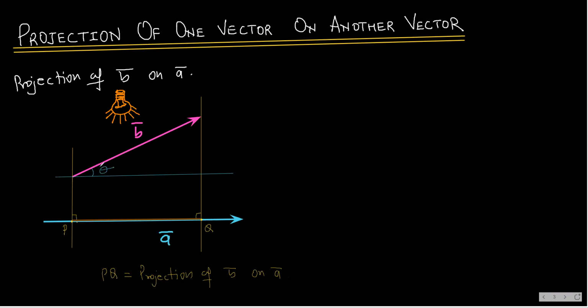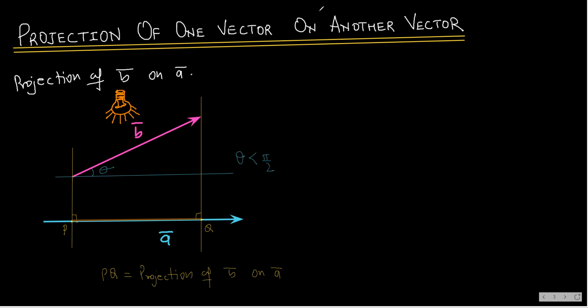This is the angle between vector b bar and a bar. The angle which b bar makes with the line parallel to a bar can be considered as the angle between b bar and a bar, and this angle is lesser than 90 degrees. This is the first case of projection of one vector over the other vector.